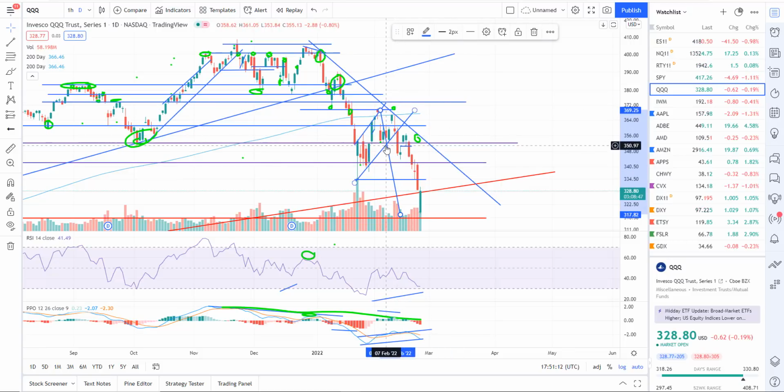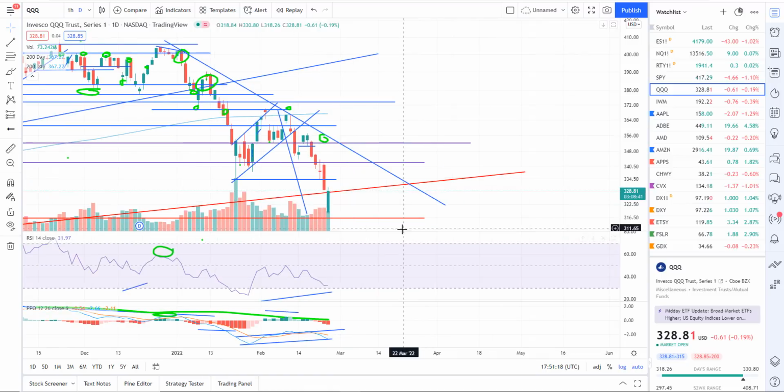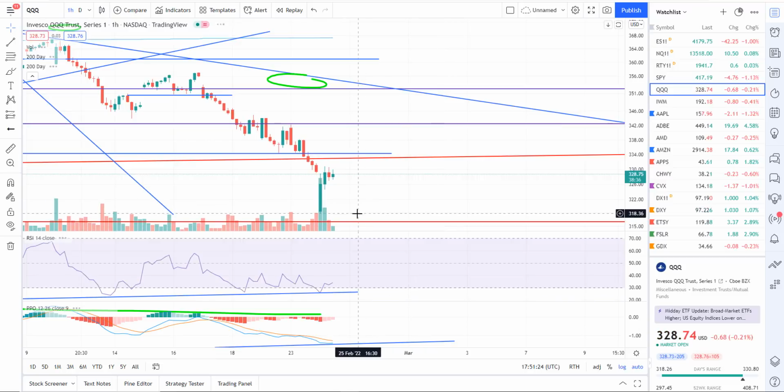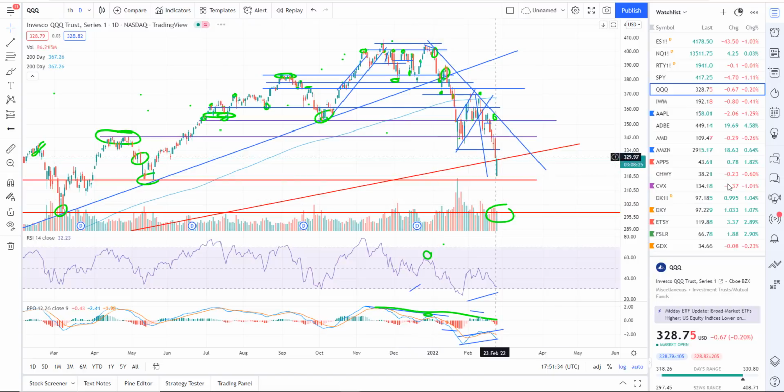If it breaks down, we want to put it right in this area. The projected target was about 318.37. Today's low, if we go to the hourly chart, was about 318.36, so just about 16 cents off from that projected target. So again, that's good enough for government work.